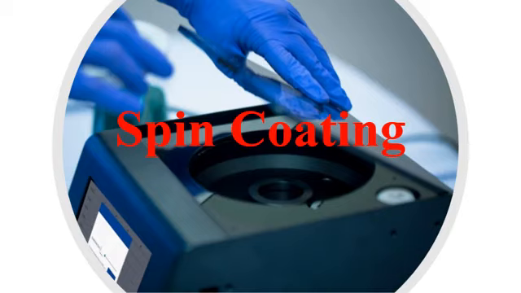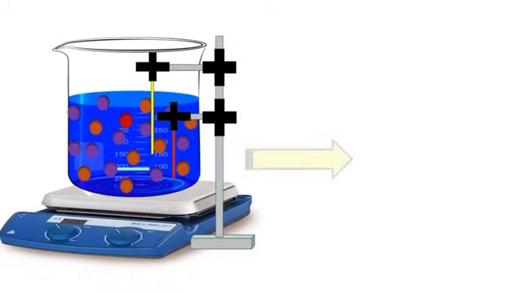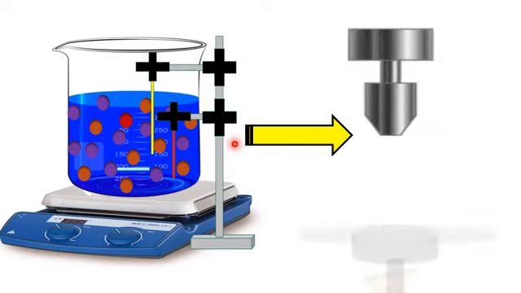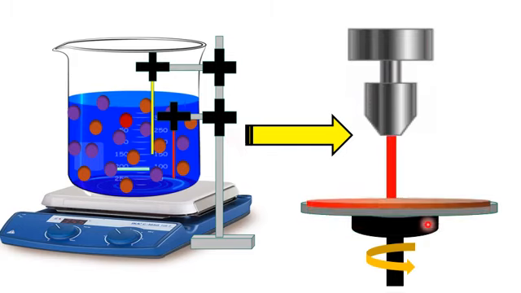Okay, so in the spin coating process, the chemical solution, which is in the form of a wet gel, is taken and deposited onto the surface of the substrate by using a spin coater.